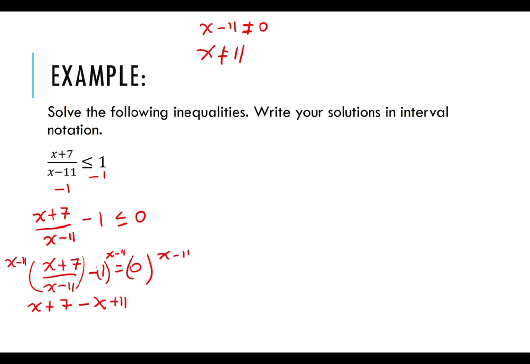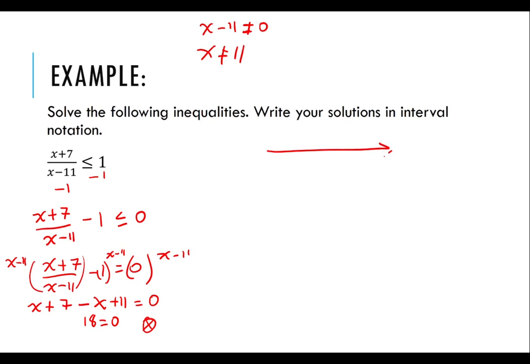Notice that I just took that negative and distributed it, or really the negative 1, and that's going to be equal to 0. Then x minus x is 0, and so then I have 7 plus 11 being 18 is equal to 0. This has no solution, and since this has no solution, that means the only critical value that we're going to have is 11.